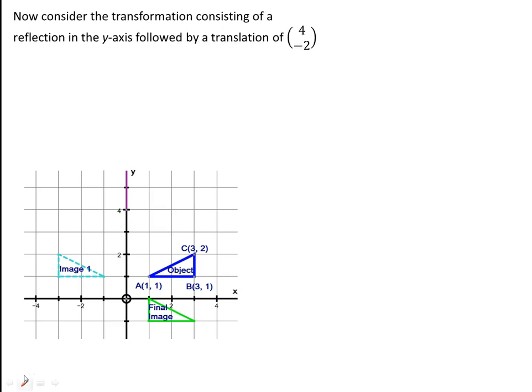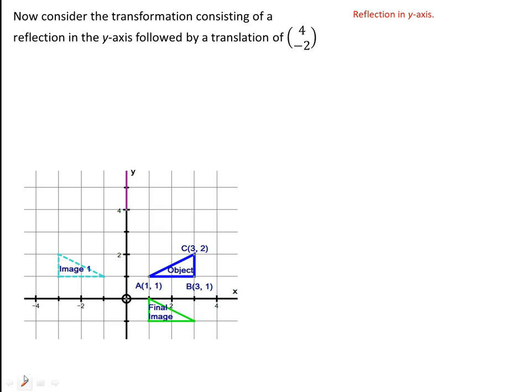Now we're going to chase through what happens to a general point (x, y) if we go through this transformation. The first part of the transformation is a reflection in the y-axis. For a reflection in the y-axis, we know that the origin is fixed, so there should be a 2 by 2 matrix which represents it.